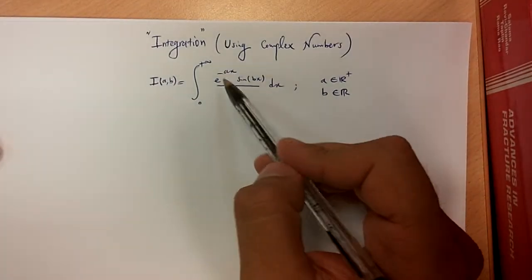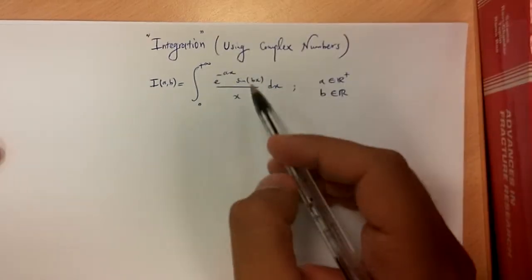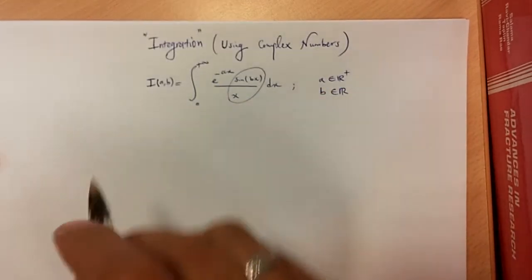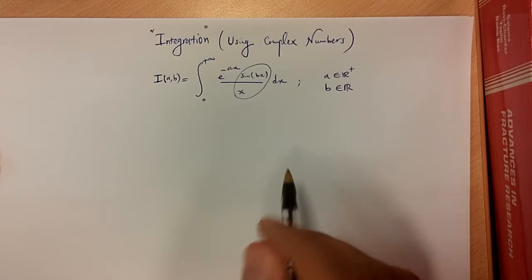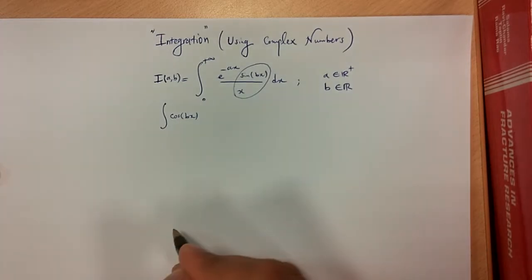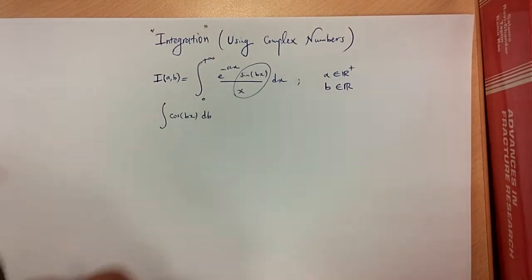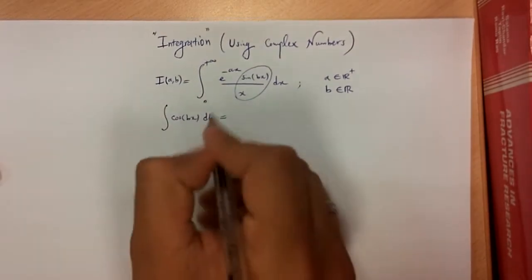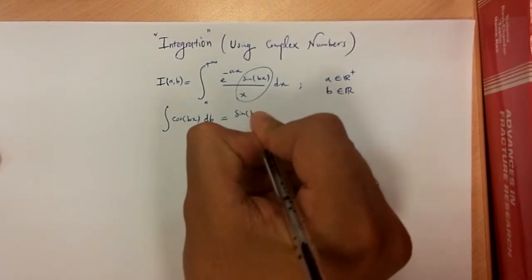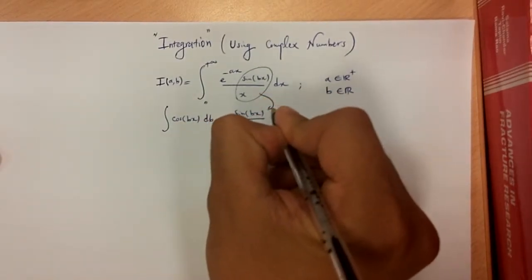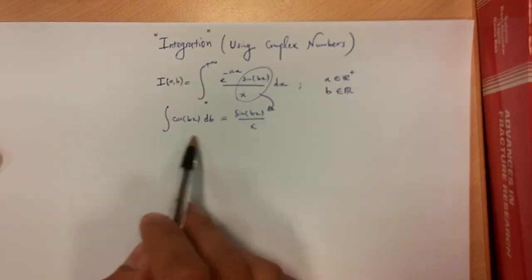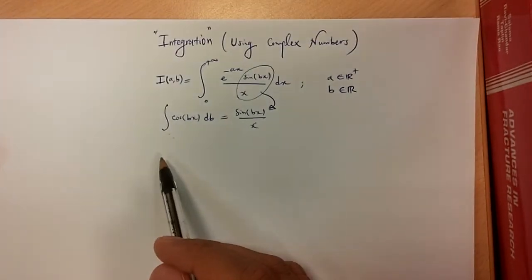In order to calculate this integral, the approach we are using is to consider the fact that the integral of cosine of bx with respect to b, an indefinite integral, is exactly sine of bx over x. So this fraction here is exactly the integral of cosine of bx with respect to b.